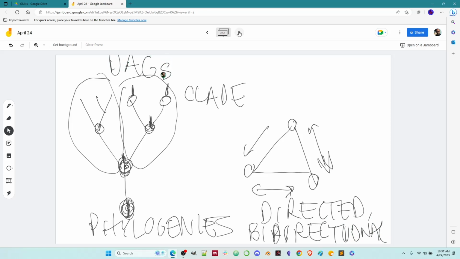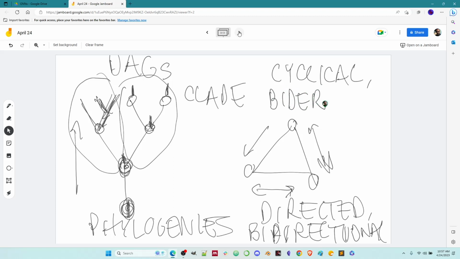That's a larger class, directed acyclic graphs, meaning that they go in one direction, and they don't reticulate, meaning that these branches don't join back up. They just branch and terminate. In a network, we have both cyclical and bidirectional. So I guess we could call them CBGs, if you want. I don't want to do that, but some people might. In any case, that's what we have.